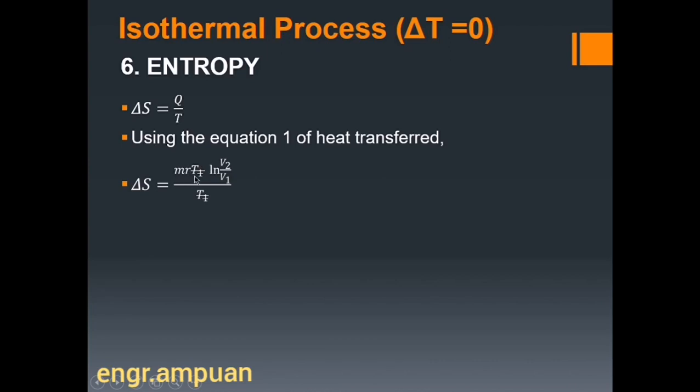Then the T sub 1, the temperature at initial condition, will be cancelled out. So the remaining equation will be here: change in entropy is equal to mass times the ideal gas constant times ln of the final condition for the volume over the initial condition for the volume. So this is our first equation.